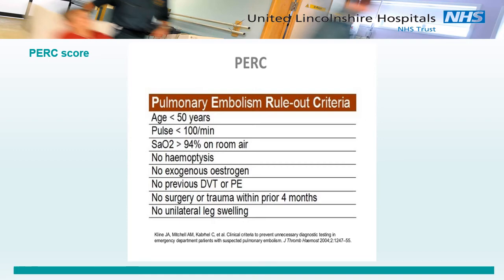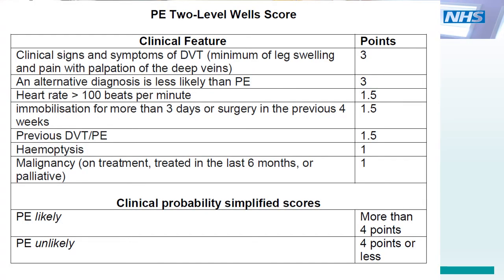So we need to use another clinical tool to see if she has a PE. Go for the two-level Wells score. These are the components of it. You calculate it, and if it's more than 4 points, PE is likely, and if it's 4 points or less, PE is unlikely.